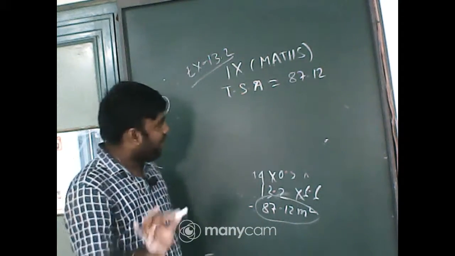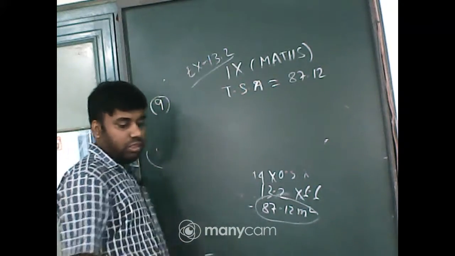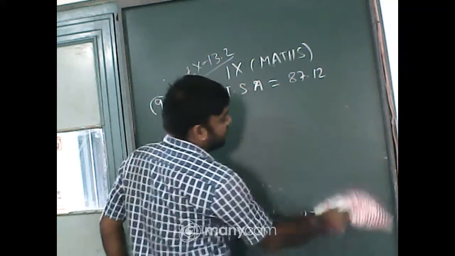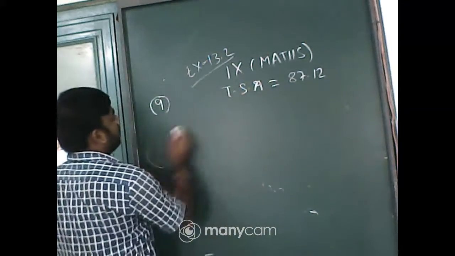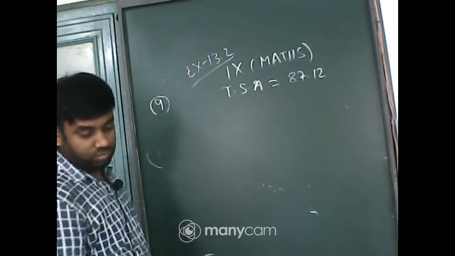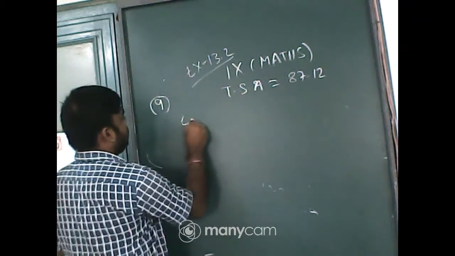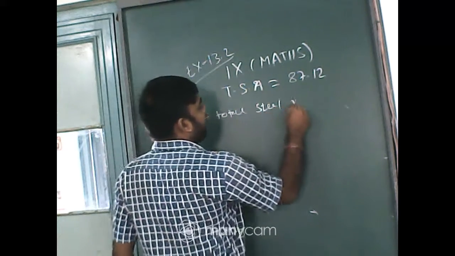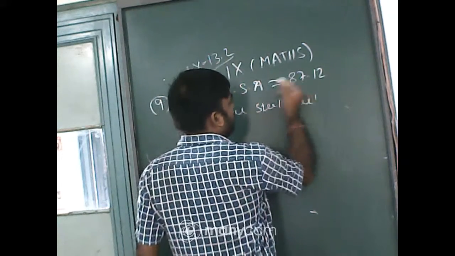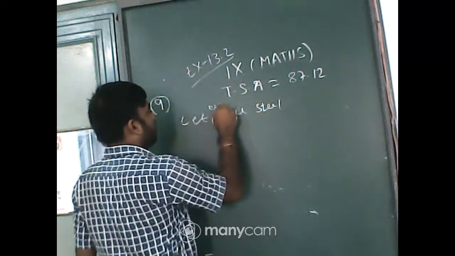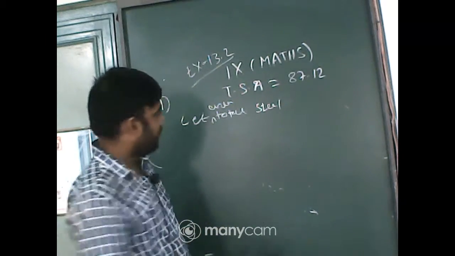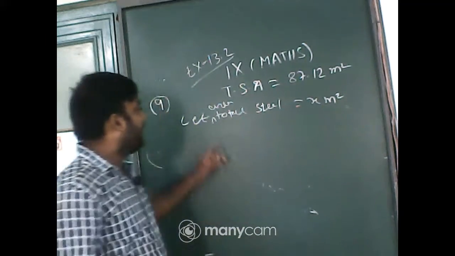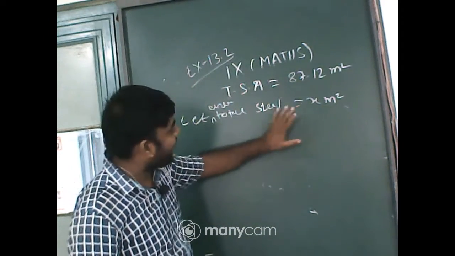Now just think, in the question it is asked to find the total steel, how much area of steel is needed. Let the total area of steel which is used be x meter square.